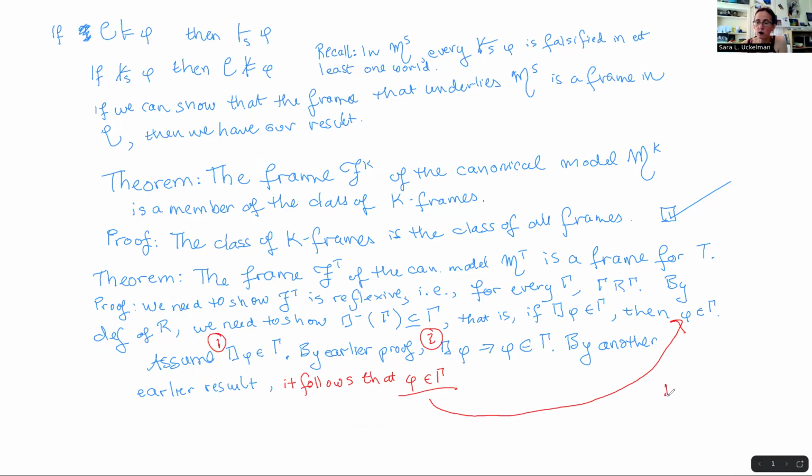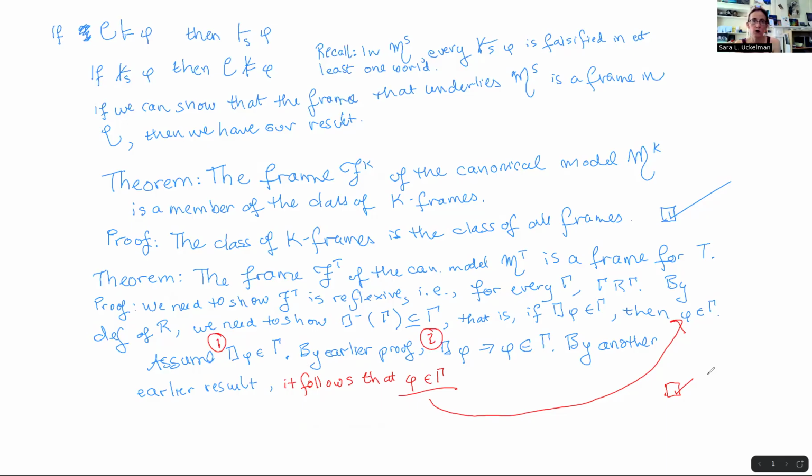So this is quite a simple result, but it shows you the sort of things that we need to do. Using the fact that the axiom is going to be in every world in the canonical model, we'll be able to generate the result that the frame for the model has to satisfy the right condition.